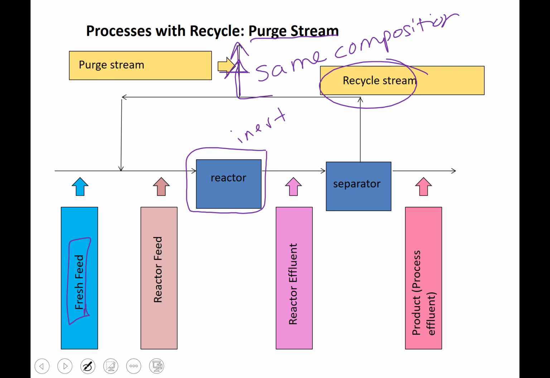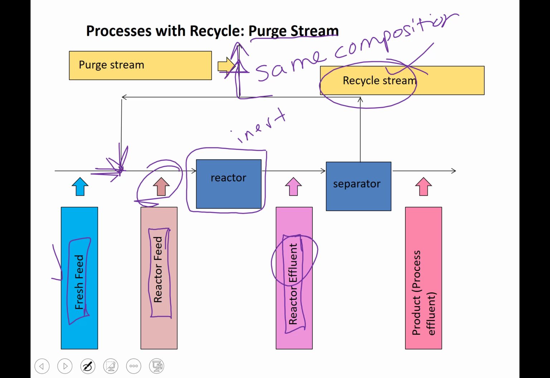However, the reactor feed, or the feed to the reactor, has a different composition from both the fresh feed and the recycle stream. You add the recycle stream to the fresh feed, and that gives you the feed to the reactor. So pay attention to that when you draw your flow charts. This stream here may be referred to as the reactor effluent. Effluent is what's coming out of the reactor.